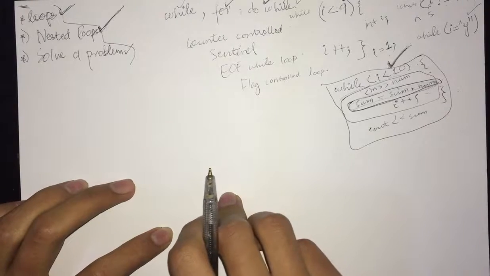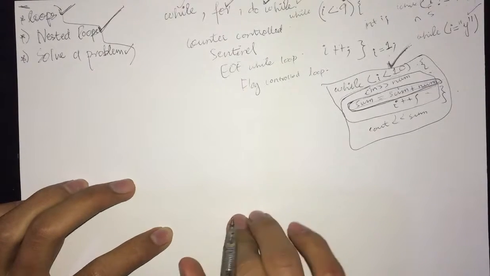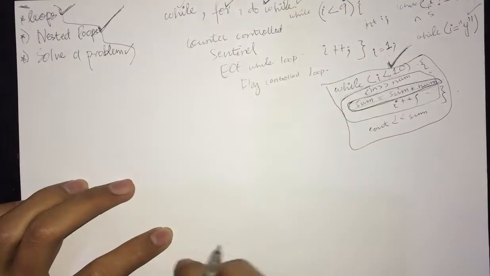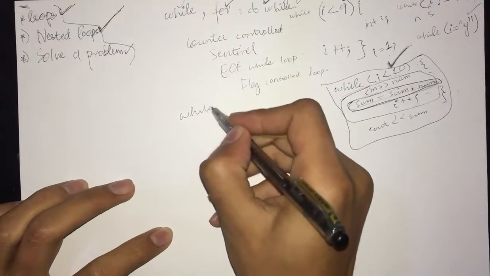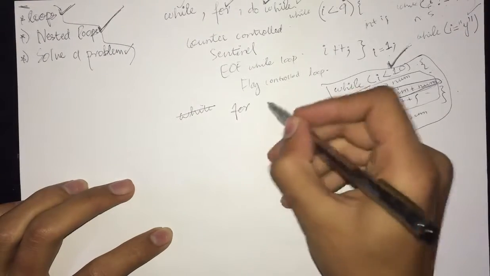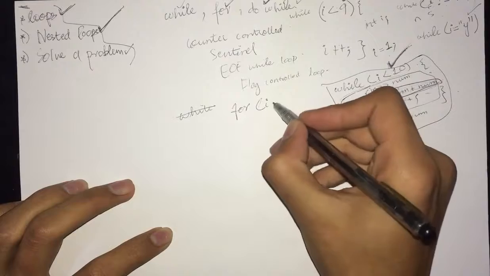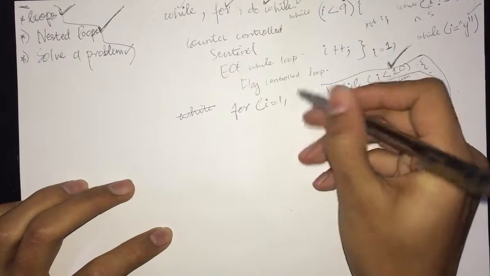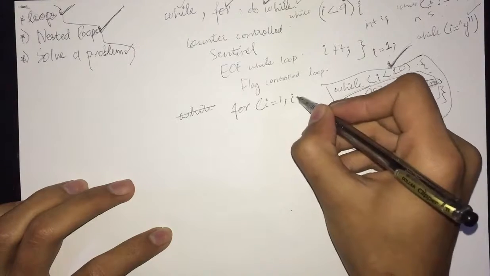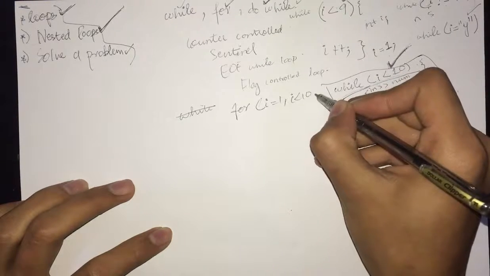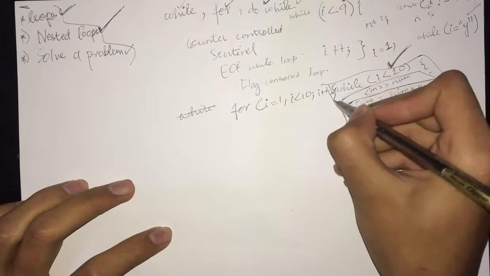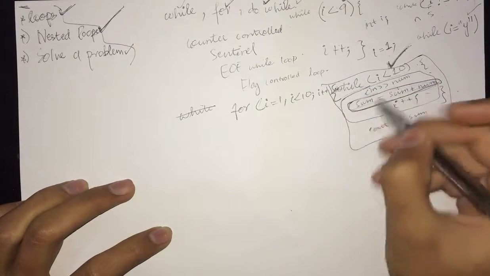So for nested loops, for example, there's a loop inside of a loop. For example, we have for I equals 1, then we specify the condition I is less than 10, and then we increment I by 1.